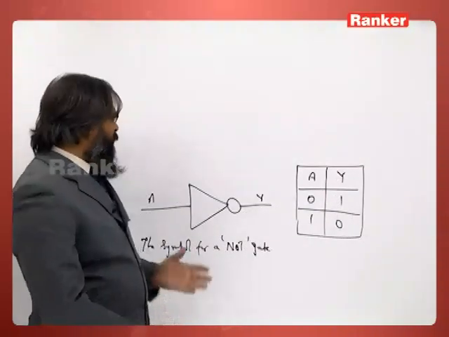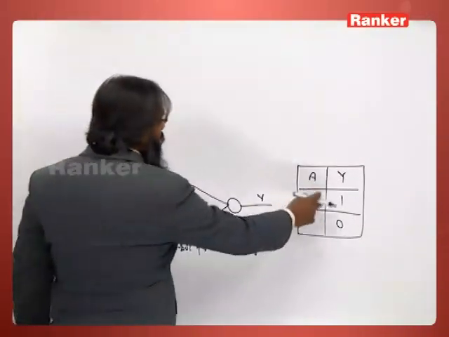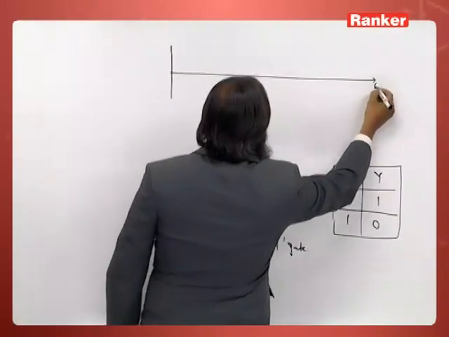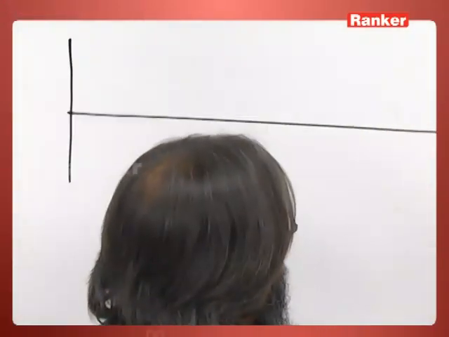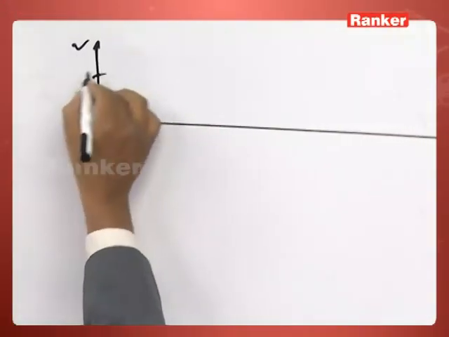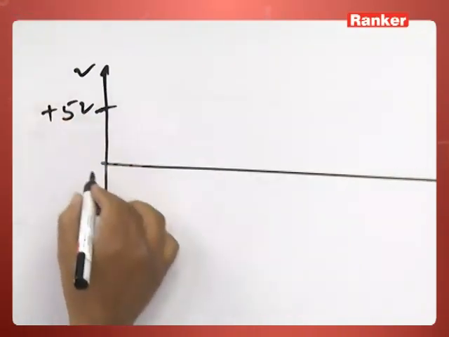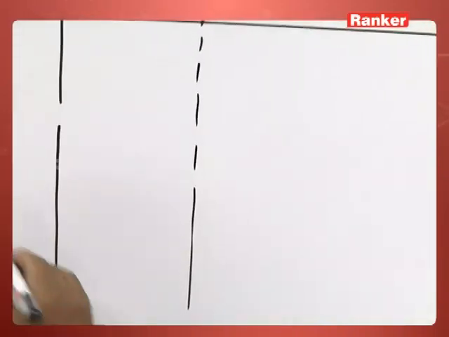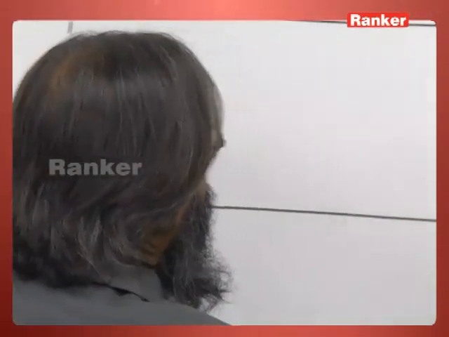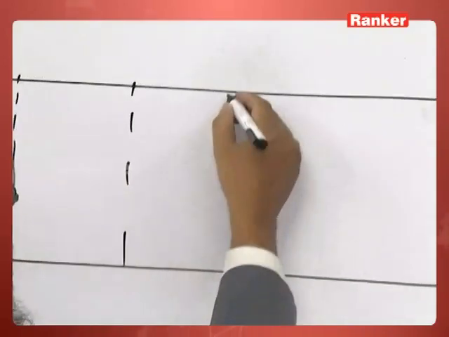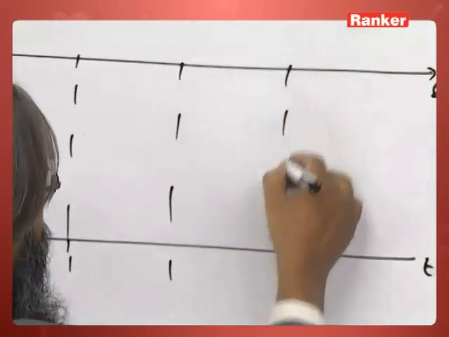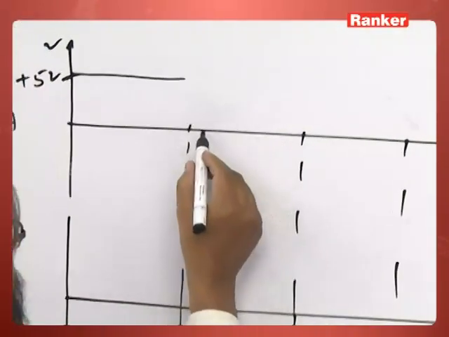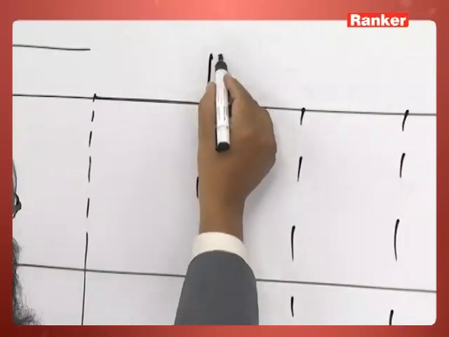Now let us see the same operation not in terms of this binary language, but in the language of voltages. Here this is voltage and I have selected plus 5 volts. This is the A input. We will plot Y against T, and we have certain time ranges. So this is 5, next it is 0, and next it is 5, then again 0, then 5.